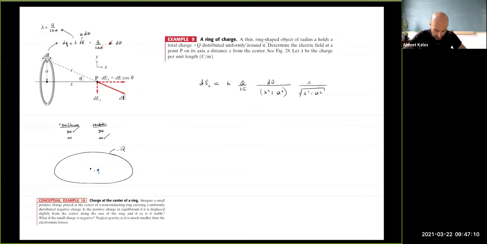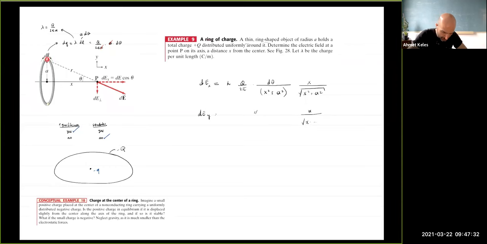Exactly, right? And for the y component, if you want to calculate dEy, it's the same thing times sine theta, which is a over the square root of x squared plus a squared.